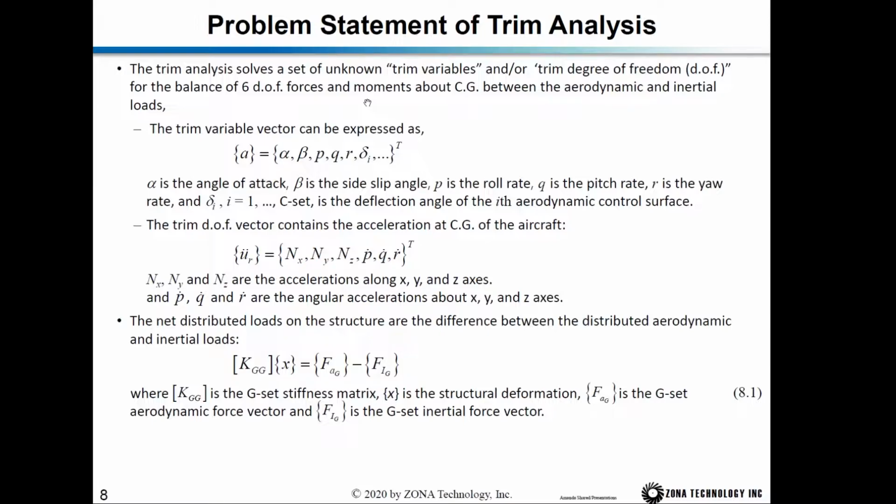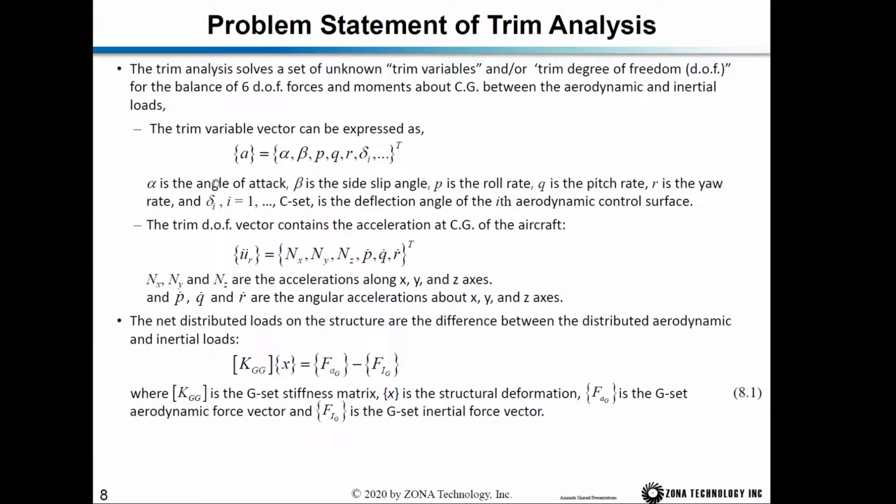So the trim module treats the aircraft as a point mass. This point mass has 6 degrees of freedom, and then we define the trim variable vector A. Any parameters that can change the aerodynamic forces can be defined as a trim variable.